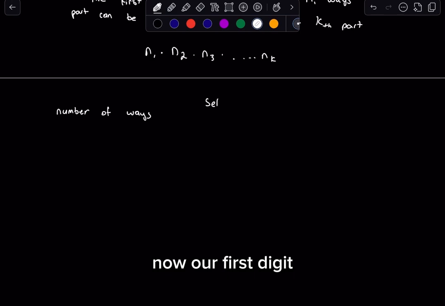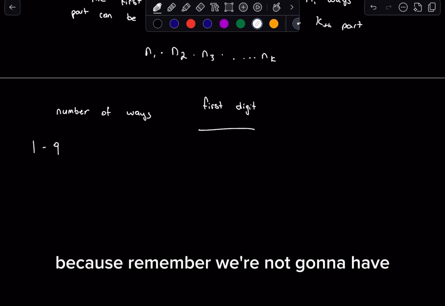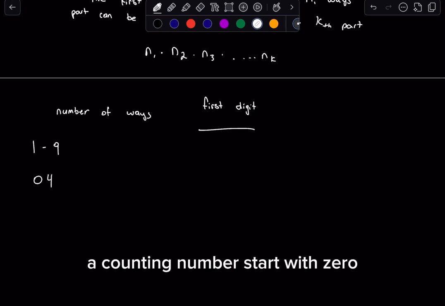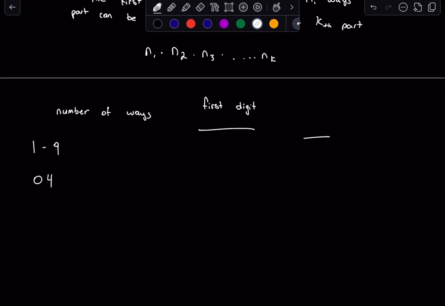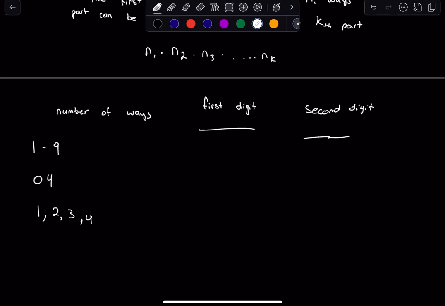Now, our first digit is going to be numbers 1 through 9, because remember, we're not going to have a counting number start with 0. We're going to be using from 10 until we get to 99.